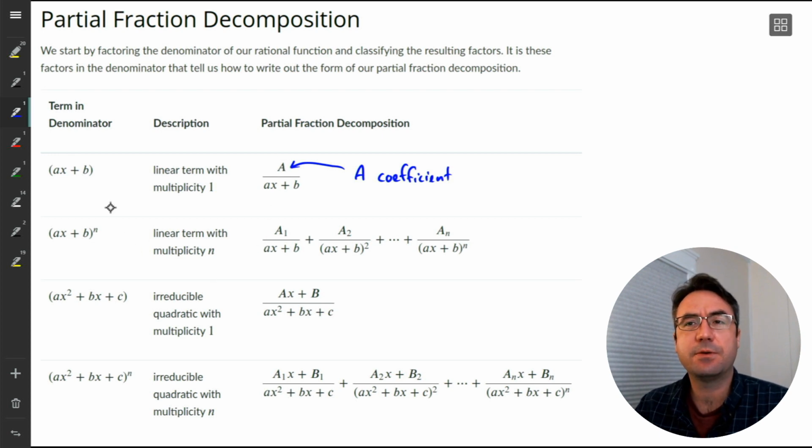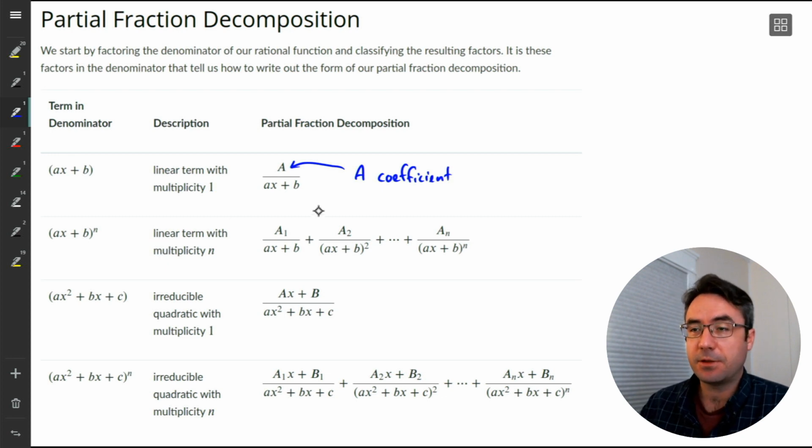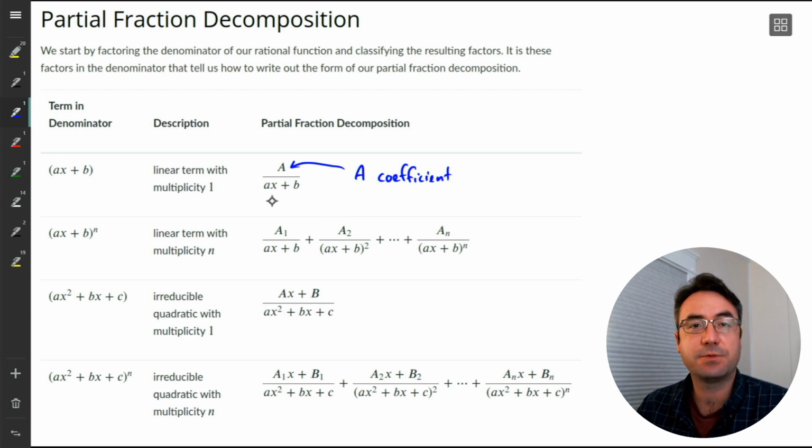Let's see what happens in the second case here. This is where we have a linear term, ax plus b, but now it shows up more than once. So we call that a linear term with multiplicity n, or with repeated multiplicity. Basically what we do is we start off much the same way as the previous one.